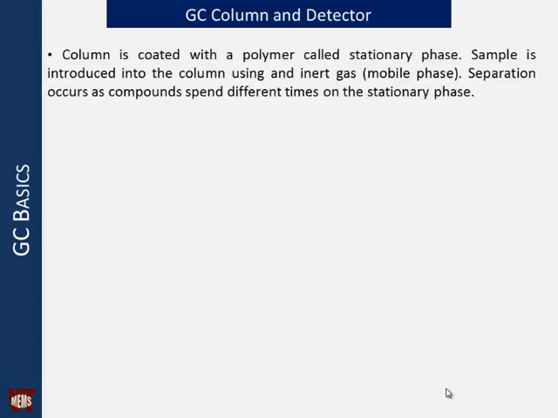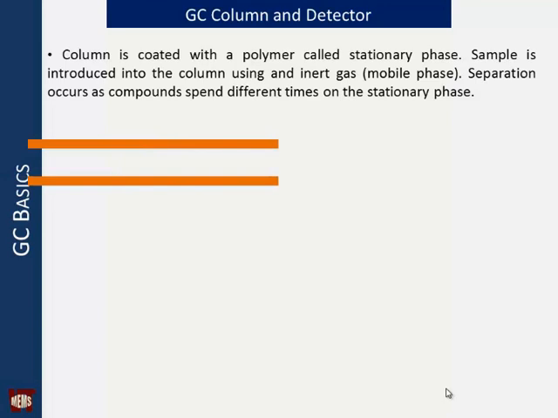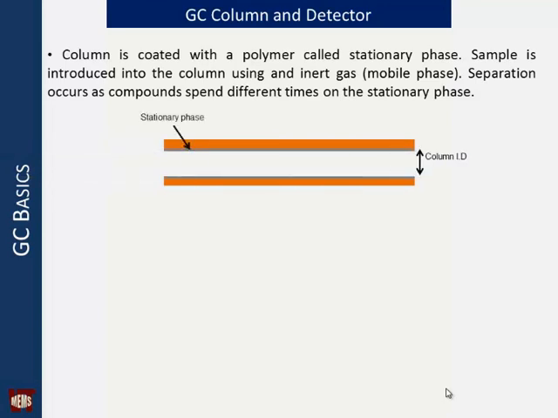When it comes to the separation column, this is a channel or a capillary tube in this example. This tube is coated with a polymer which is called a stationary phase. The sample is forced through this column by a mobile phase, which is an inert gas such as helium or nitrogen.